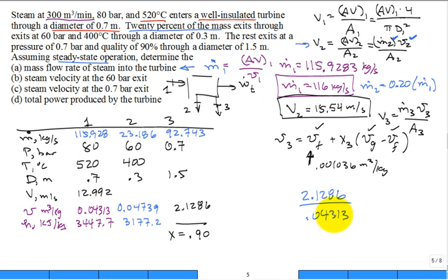How much volume expansion did the steam experience going from inlet to the outlet? How much? About 50? 50 times expansion.